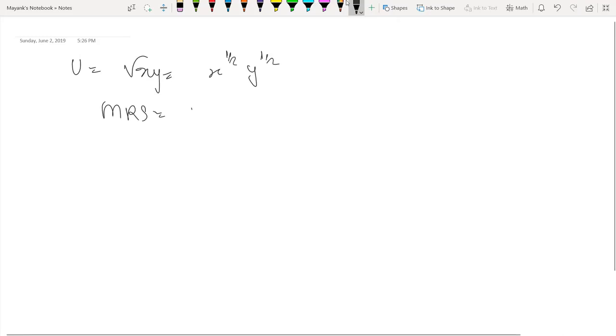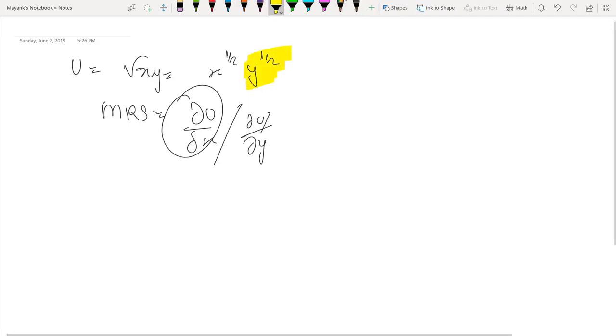MRS is del u by del x upon del u by del y. So del u by del x is partial differentiation of utility function with respect to x. So you keep y as constant and only vary x. So del u by del x will be, y is constant, so you keep it as it is, y to power half. What is differentiation of x to power half?